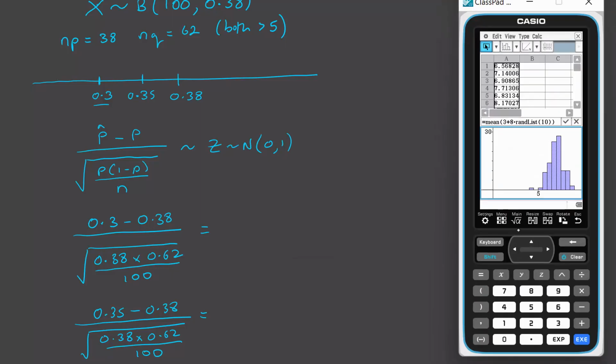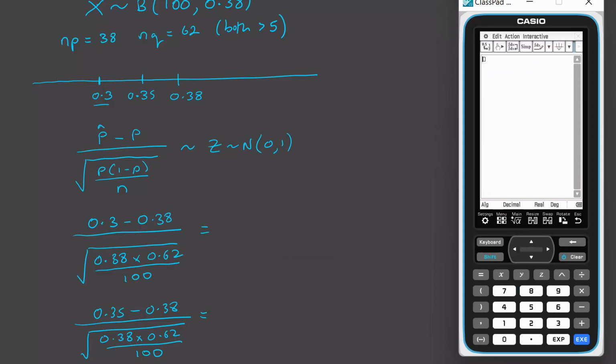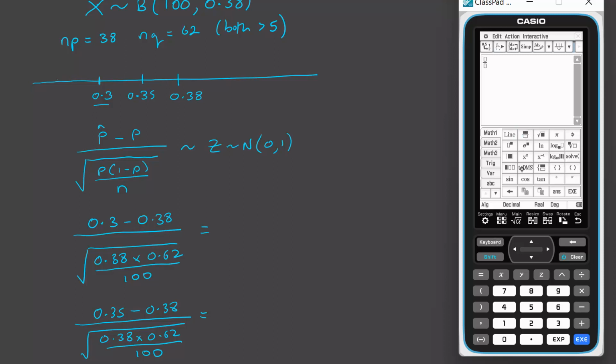So if we want to calculate those, let's do the first one: 0.3, take away 0.38, over the square root of 0.38 times 0.62 divided by 100, and that's negative 1.648.